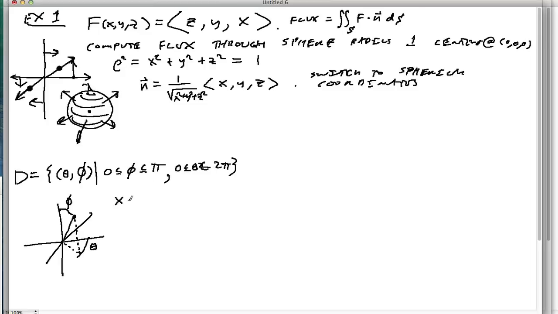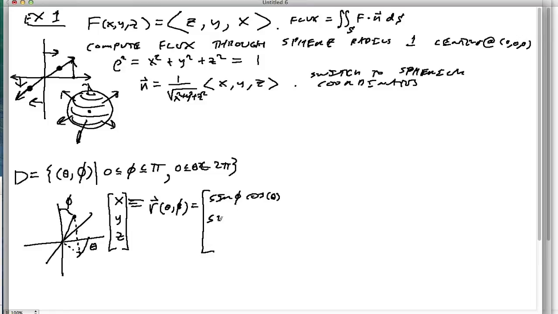And then x, y, and z as a function of theta and phi is going to be, and this is just the coordinate transformation, sine phi cosine theta, sine phi sine theta, and cosine phi for the z coordinate.